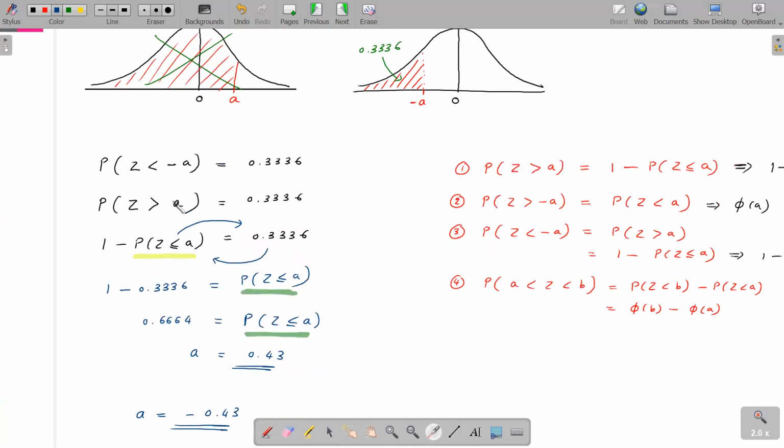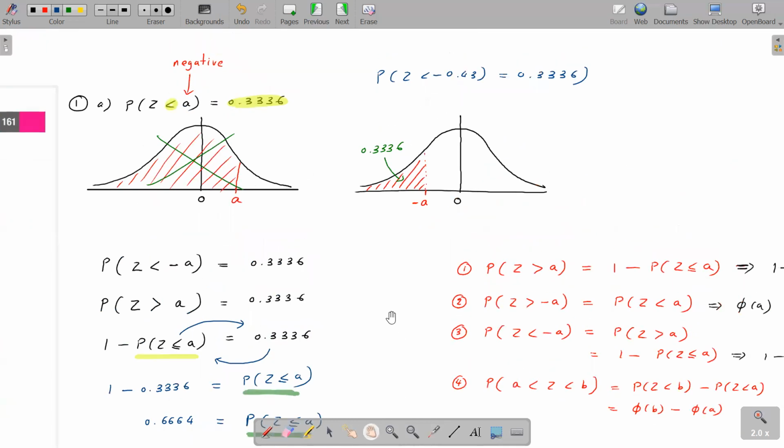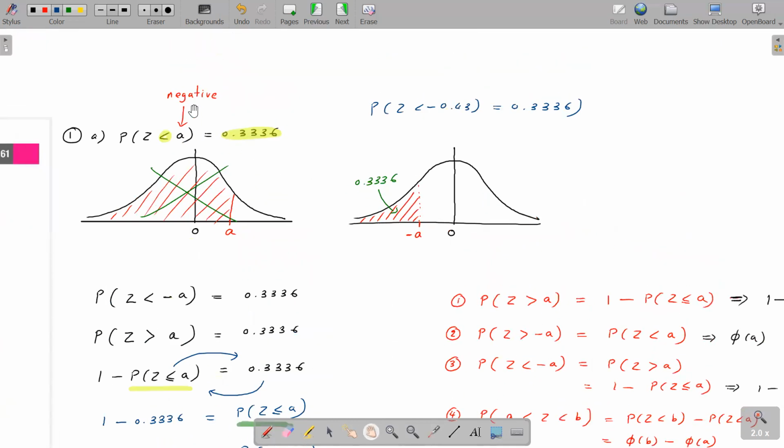Remember, we do conversions. We make sure the negative becomes positive and we find the A. We are always going to end up getting positive figures for A when you use this method. So after doing this method, you need to look back at your original sum and at what you determined at the very beginning, whether A is positive or negative. Here we determined our A is negative.